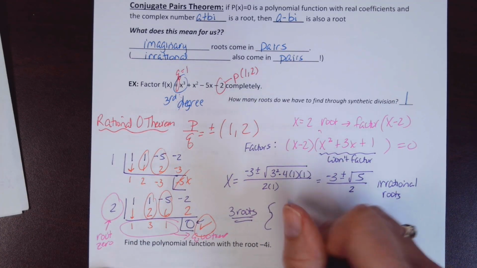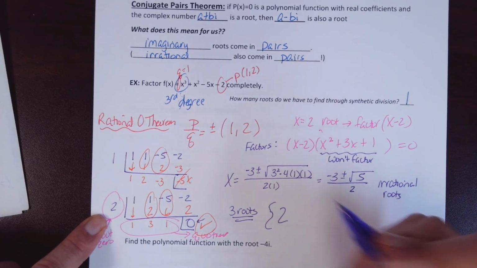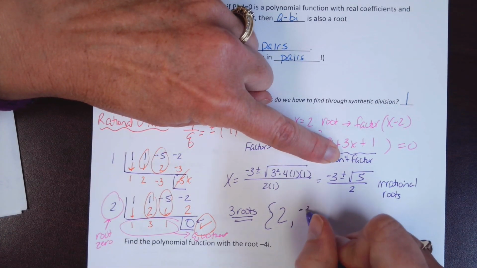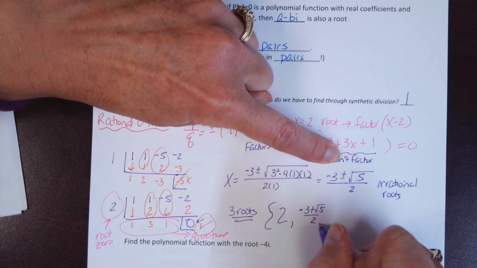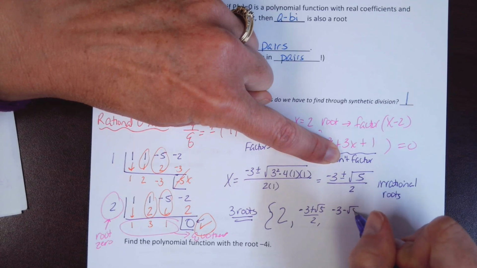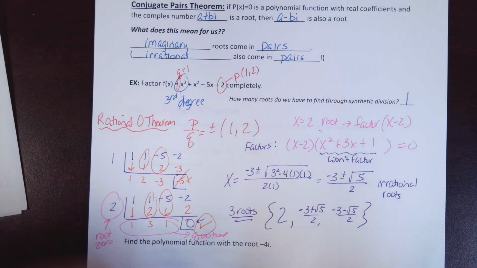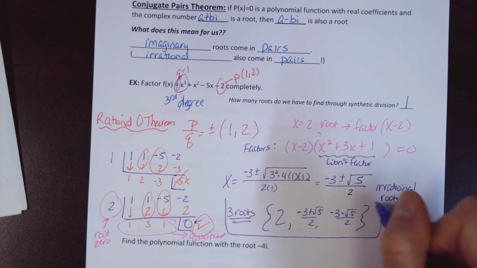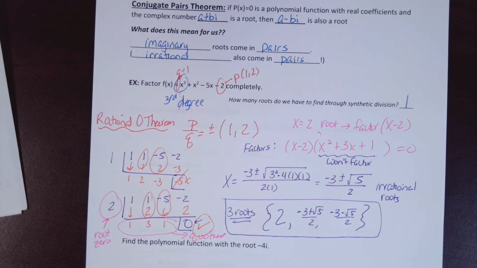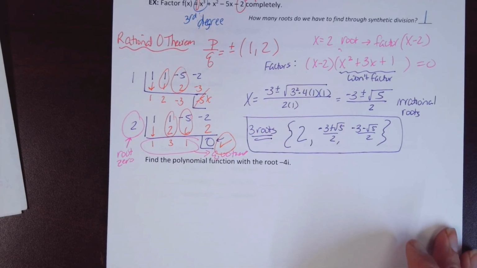My 3 roots are 2, there's my real root, negative 3 plus square root 5 over 2, and negative 3 minus square root 5 over 2. Those are my irrational roots. But those are the 3 roots for that polynomial function.